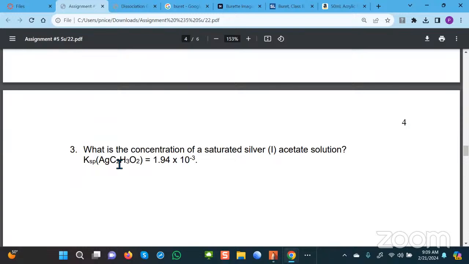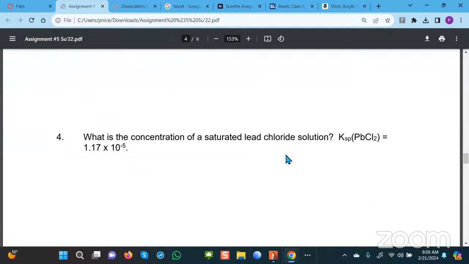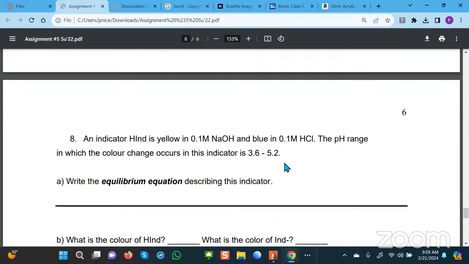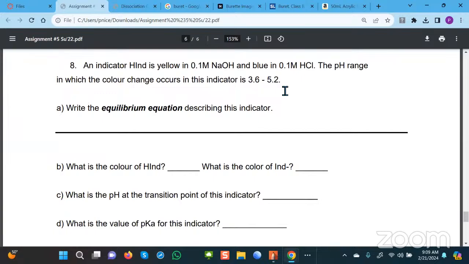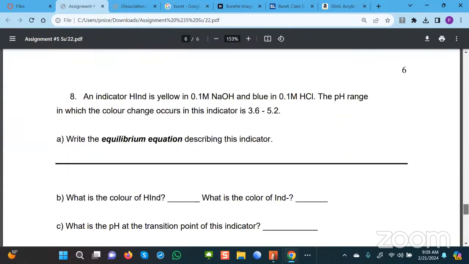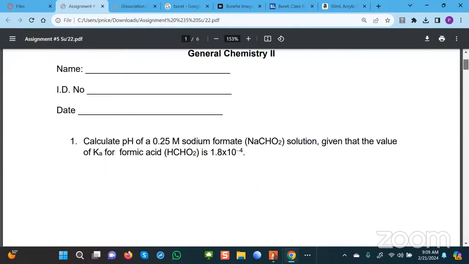Number 3, no, you won't be able to do number 3, number 4, number 5. Oh, and number 8. Number 8 deals with indicators, so you definitely should be able to do it. Basically, numbers 1 and 8 you should be able to do at this juncture.